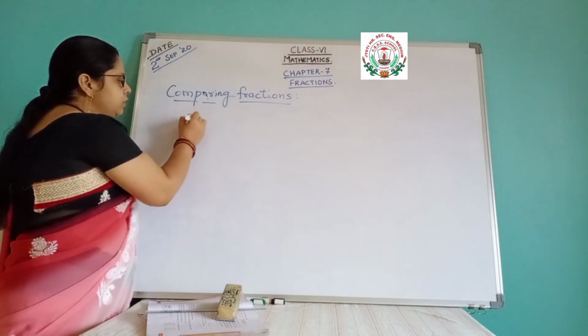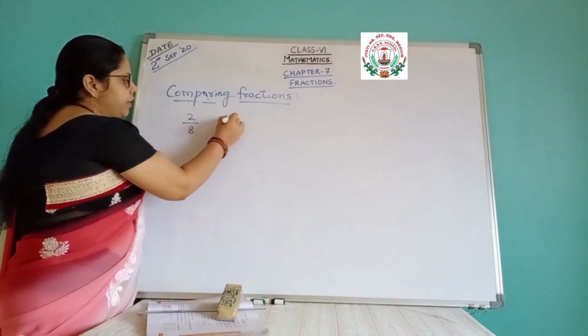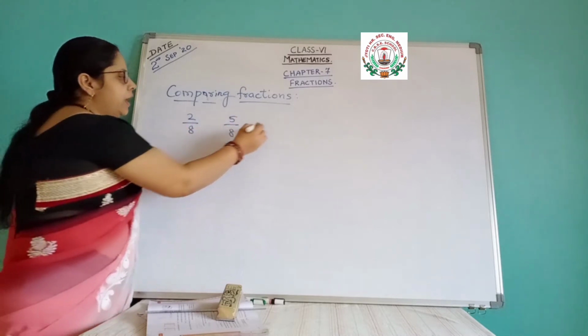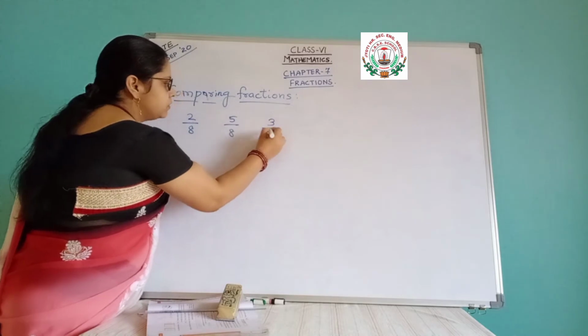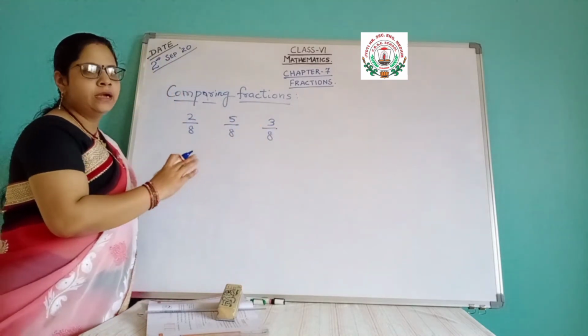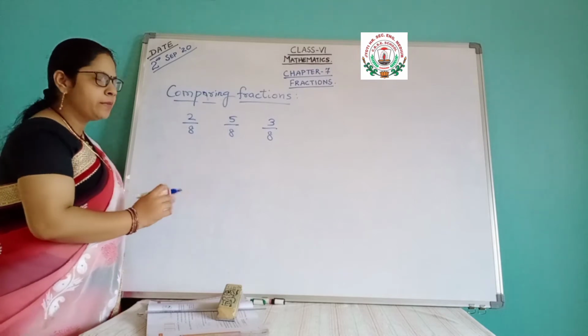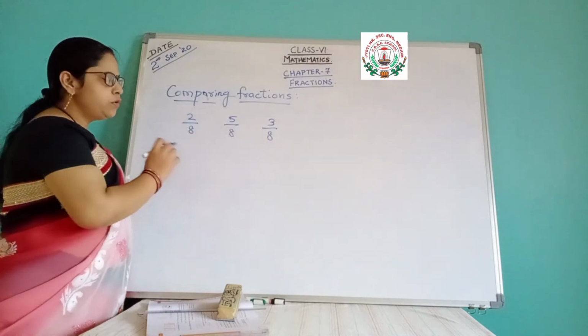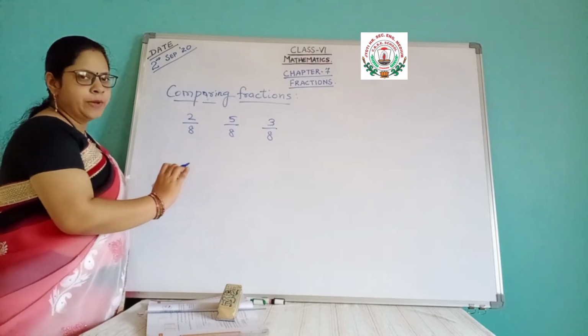Like suppose 2 by 8 and 5 by 8. Here denominators are same, and suppose 3 by 8 also. If I am asking you to arrange it in ascending order, all these three are 8, 8 and 8, so easily we can do this comparison.